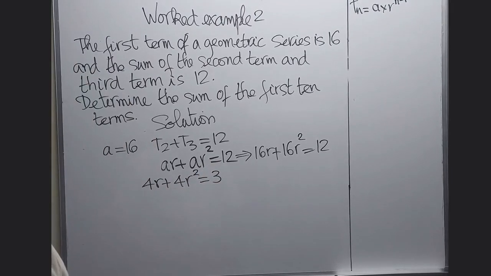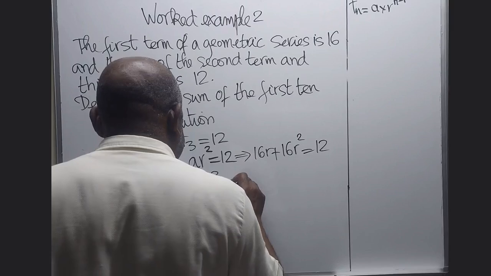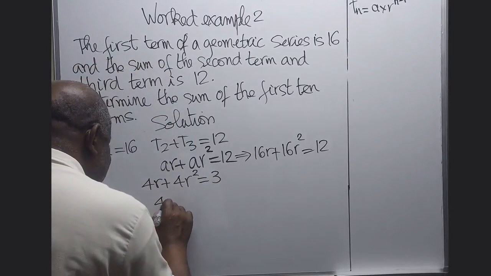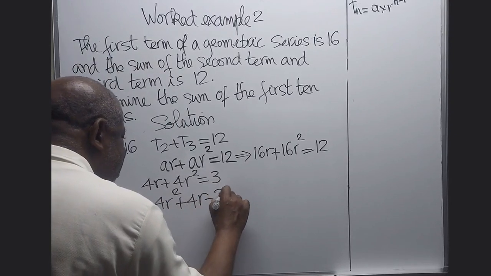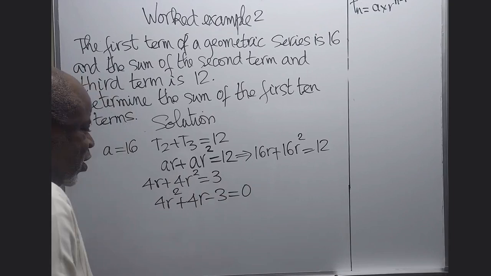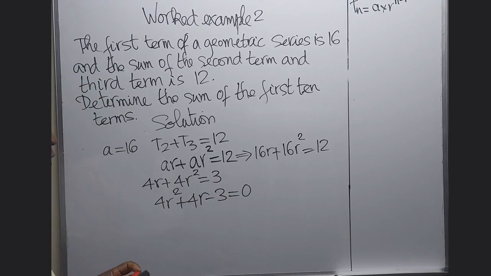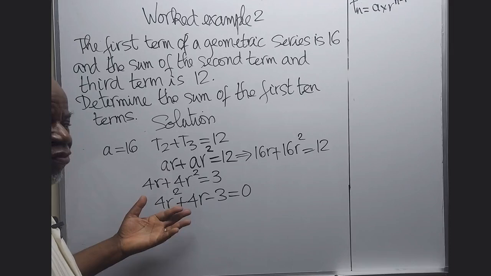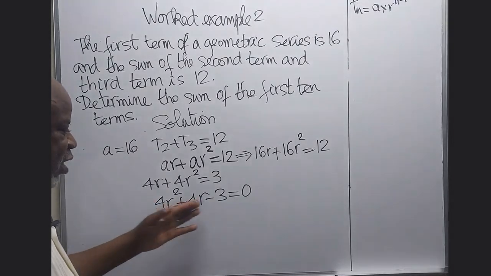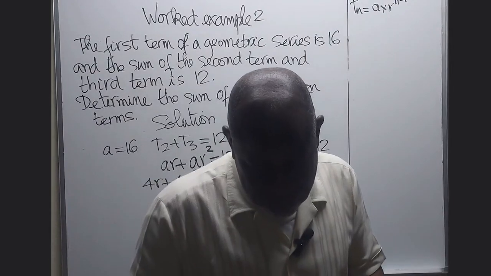Then we will be dealing with the quadratic equations here. We're going to have 4r squared plus 4r minus 3 is equal to 0. Remember, you know how to solve a quadratic equation. I'm going to use a factorization method here to get the value of r. So here, what are we going to do?